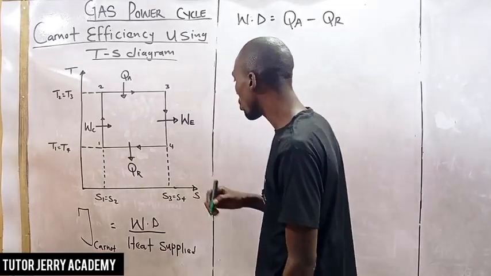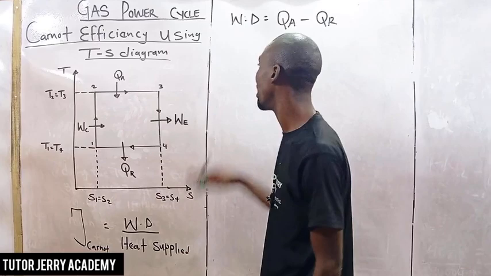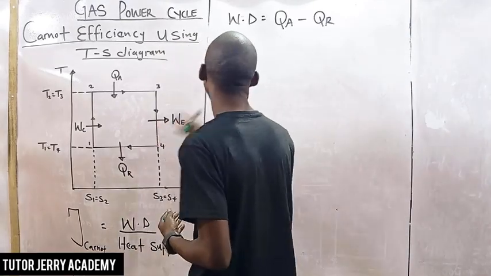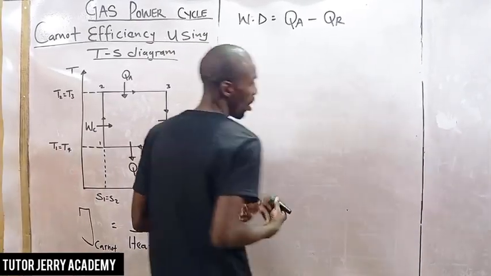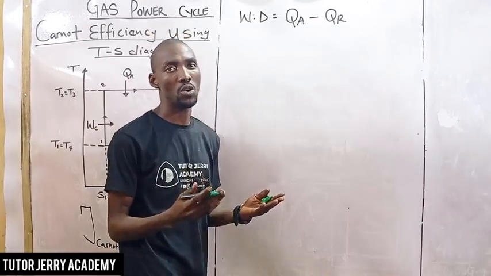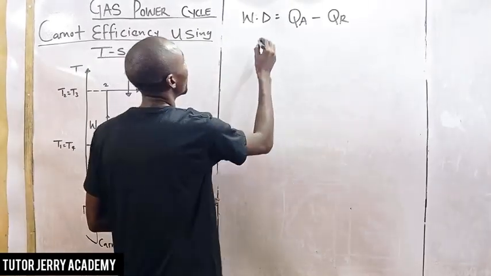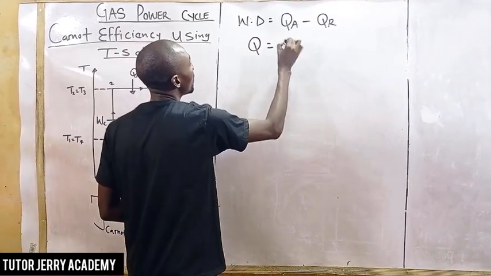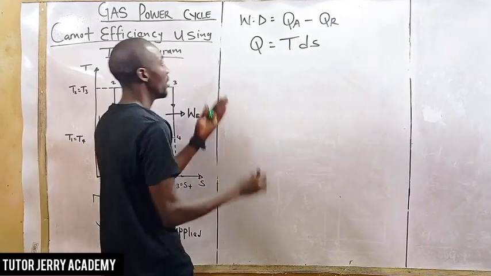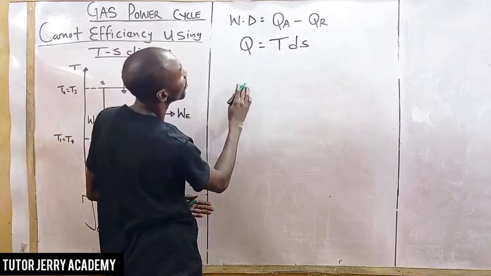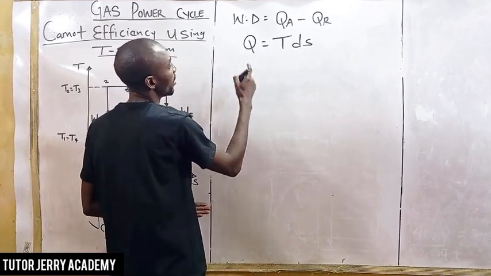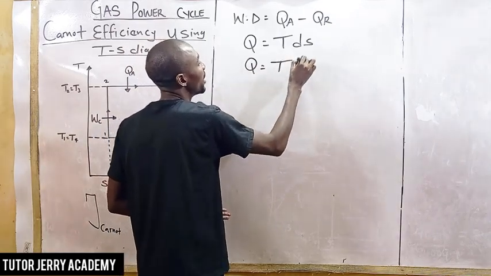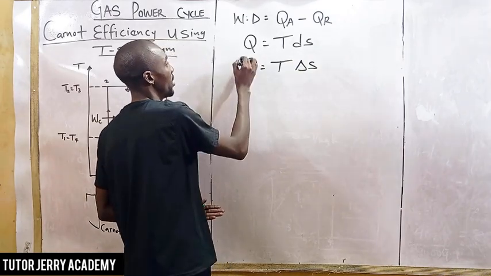We already know that our heat supply is QA. Now the next thing is we want to find what our QA is and what our QR is. From the first law of thermodynamics, we know that heat, Q, is equal to T into change in S. So let's keep this.